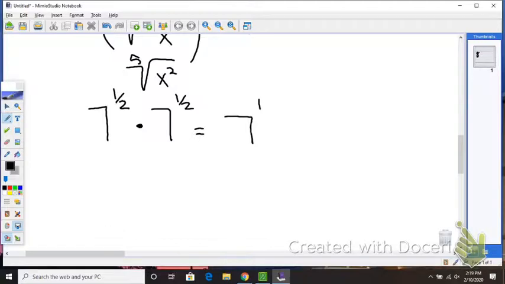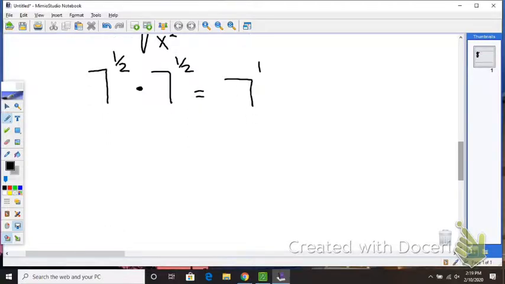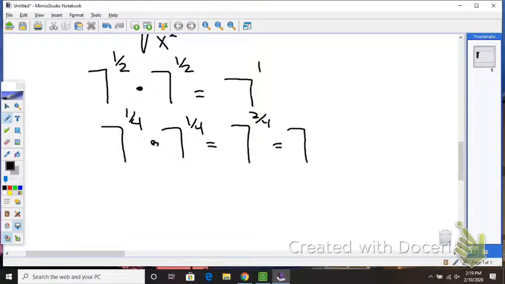Sorry, no math. Here's what I bet I have written down. Oh, I hand wrote it up here. What about this one? Let's do this one. This is much more fun. 7 to the 1/4 times 7 to the 1/4 is going to be 7 to the 1/2, because you have 7 to the 2/4, which is 7 to the 1/2.